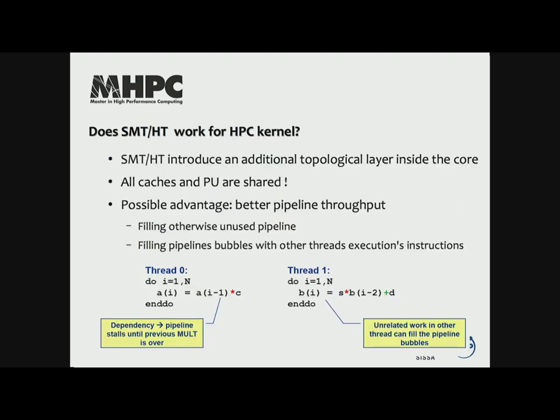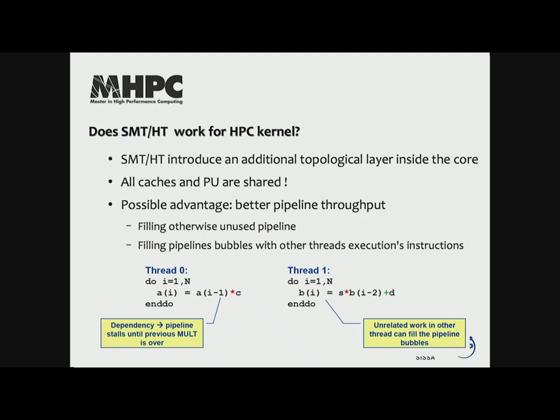But the question is, do SMT and HT work for high-performance computing kernels? Hyperthreading just introduces an additional topology layer inside the core. When we do the topology, we will see also an additional layer, so we have to be aware of that.